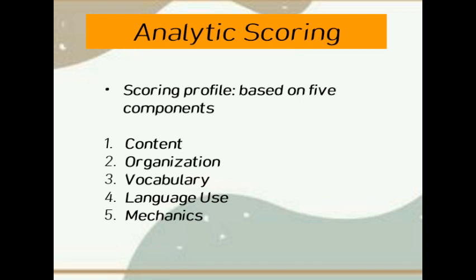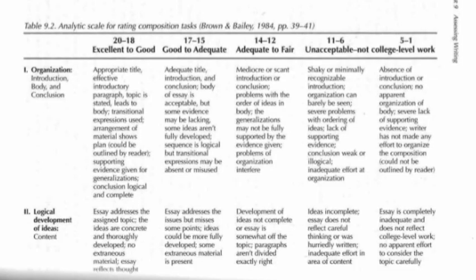Brown and Bailey designed an analytical scoring scale that specified five major categories and a description of five different levels in each category, ranging from unacceptable to excellent. At first glance, Brown and Bailey's scale may look similar to holistic scoring because each category has a description that encompasses several subsets.